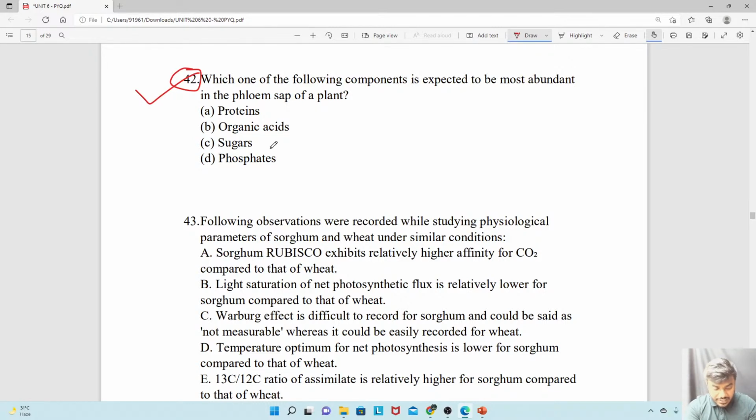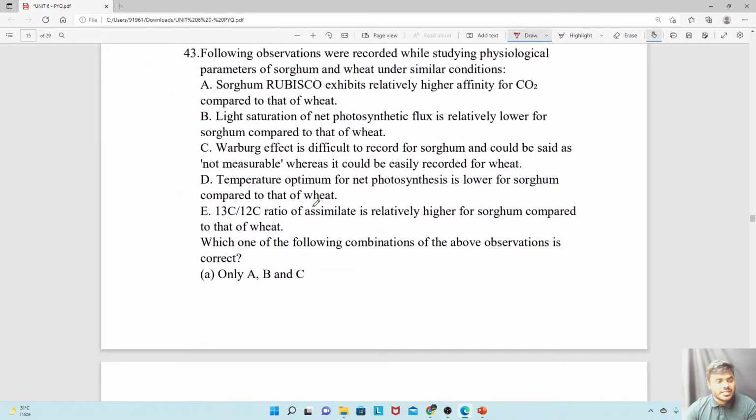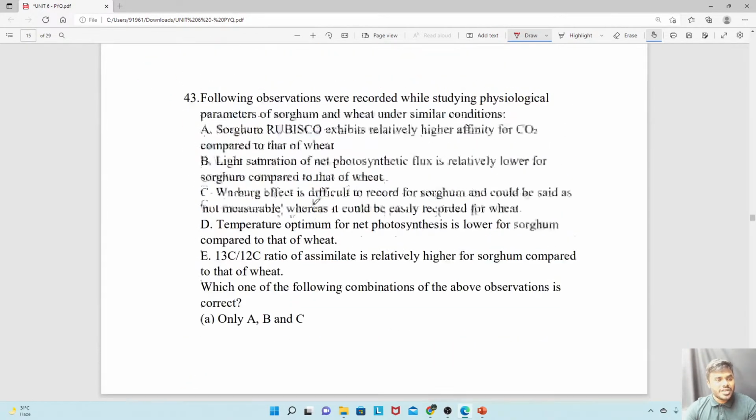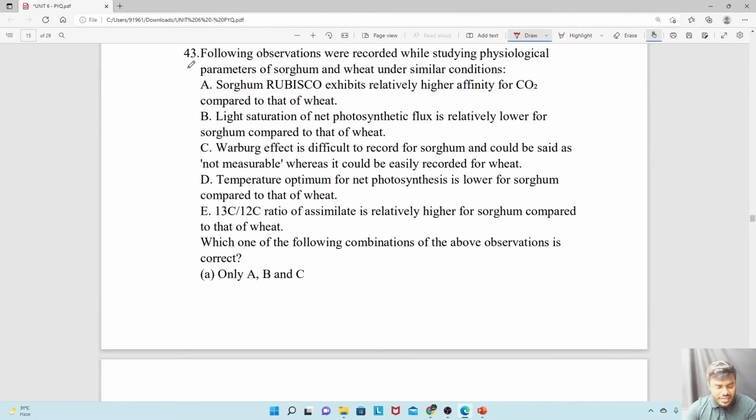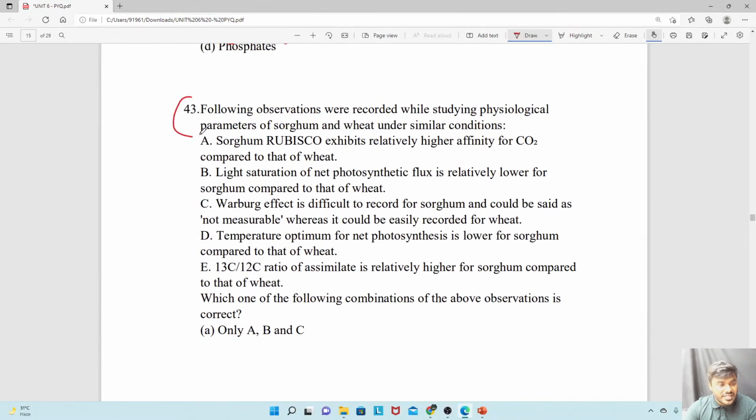Sorry, what will be the answer for 42? It's absolutely true, sugars. Which one of the following components is expected to be the most abundant in the phloem sap of a plant? Which is the sugars. Amazing. Okay friends, question number 43. It's a kind of a very logical question friends. I want you to think and answer this.